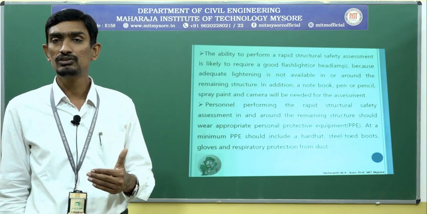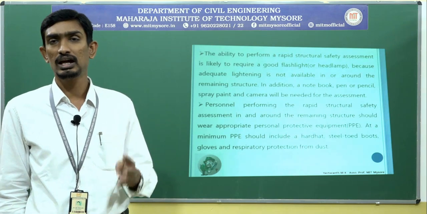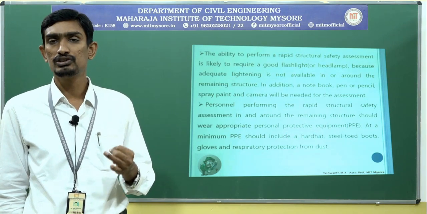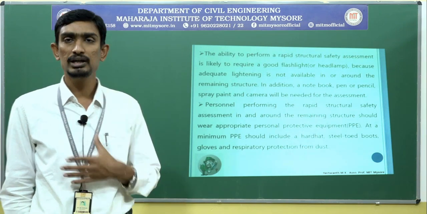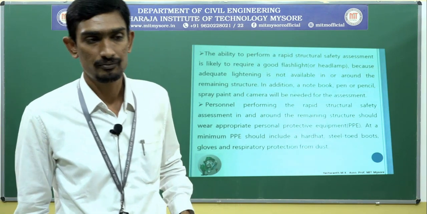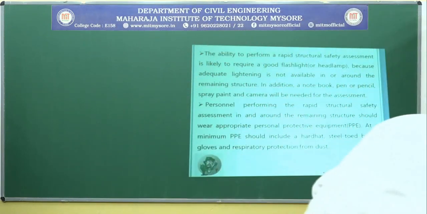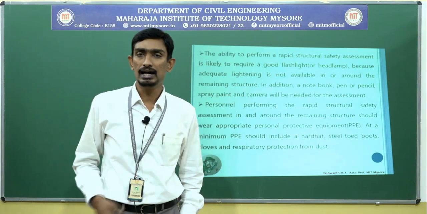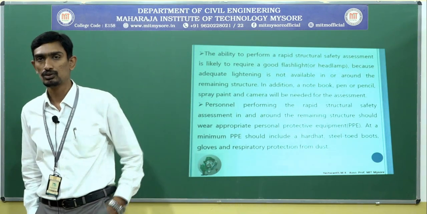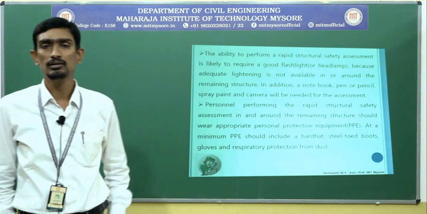So these things you need to carry: flashlight or torch, pen, pencil, notebook, camera, PPE kits. Like this, you need to go with a rapid assessment. So why have I highlighted this?